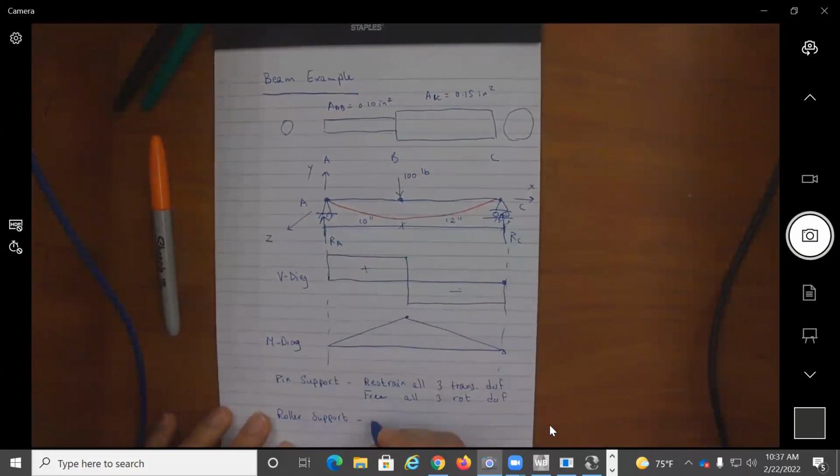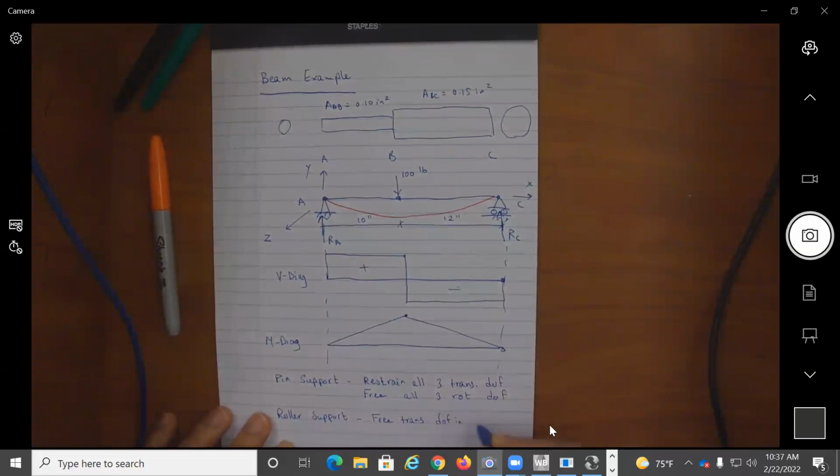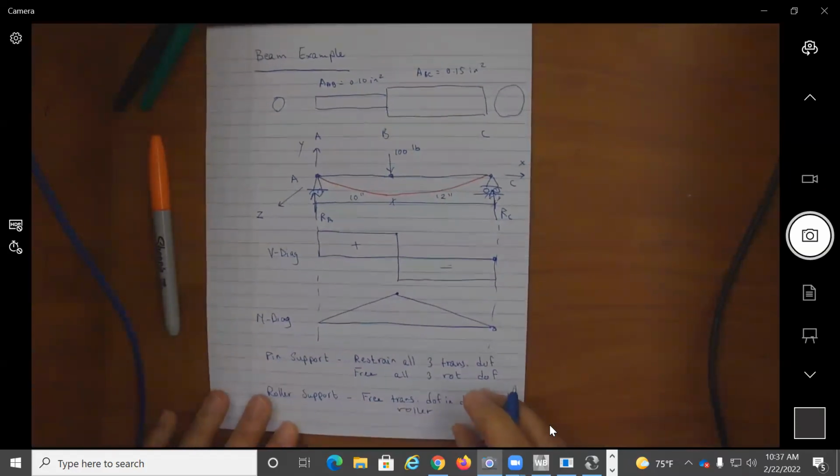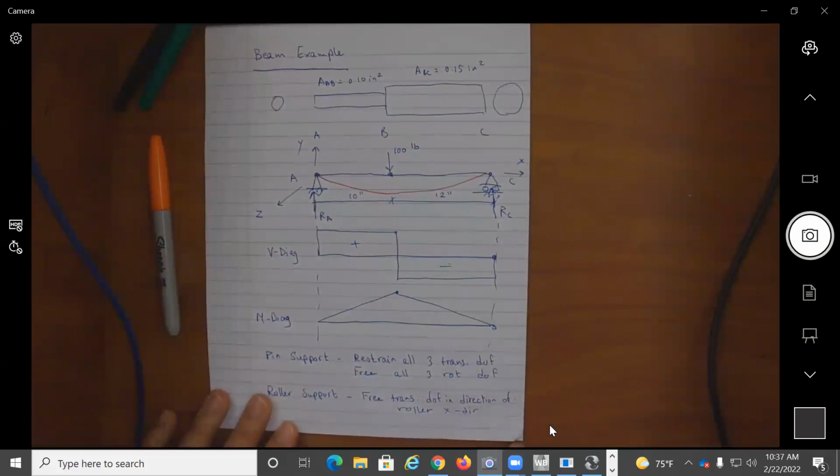So I can say here free translation degree of freedom in the direction of the rollers. In this case, it's going to be X direction. How about rotations? It is free in all 3 rotational degrees of freedom.